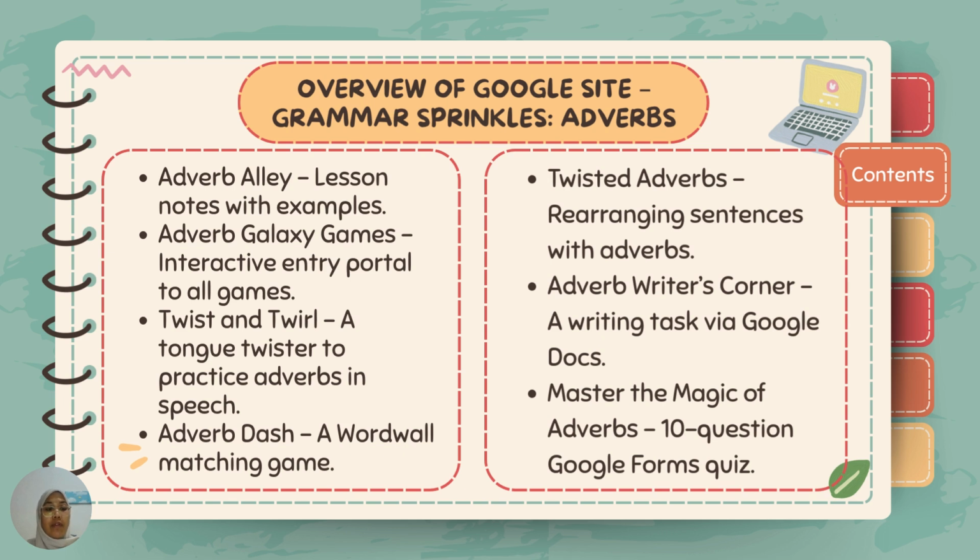And then we have Adverb Writer's Corner, where students write a task using Google Docs. And the last one is Master the Magic of Adverbs, with 10 quiz questions hosted on Google Form. These tools cater to visual, auditory, and kinesthetic learners, which ensures inclusivity and engagement.